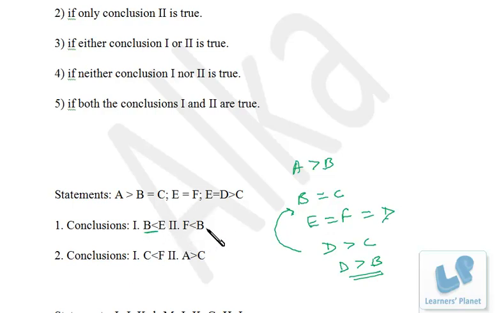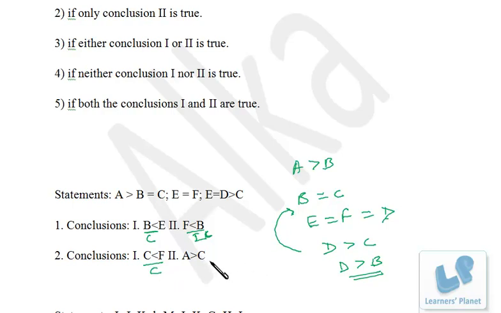Second, B is greater than F. Now B is less than D and D is equal to F, that means B cannot be greater than F, right? So this part is correct and this part is incorrect, right? Check this. F is greater than C. Now F is equal to D, but D is greater than C, that means F must be greater than C. That means it is correct.